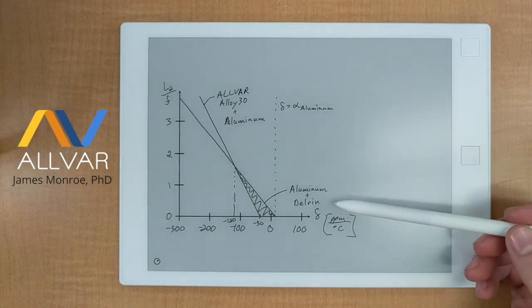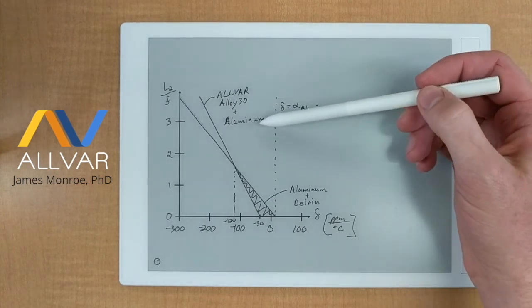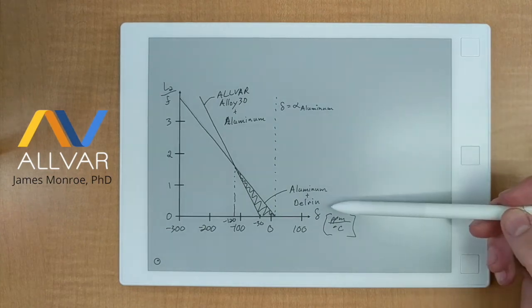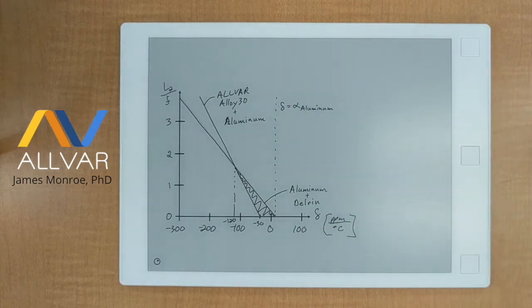For example, you can machine ALLVAR and aluminum to much tighter tolerances than Delrin because they're alloys, and the magnitude of the thermal expansion coefficients is smaller. You can also potentially have some weight and linearity savings. But now we've got something really exciting.